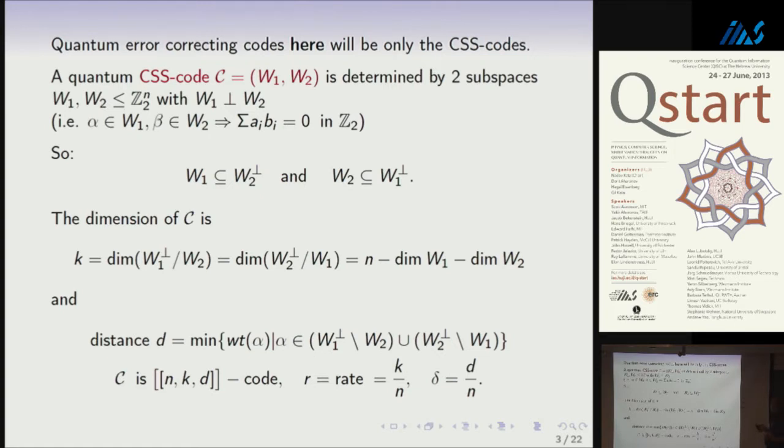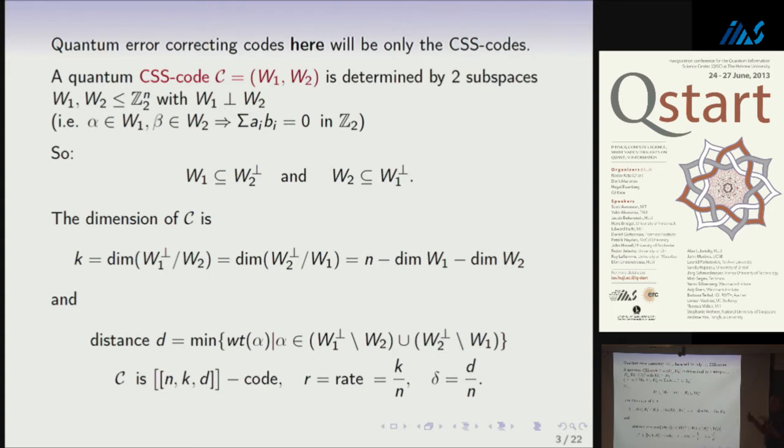And now I'm using not-so-standard notation, but it's slightly more convenient for us. So a quantum code for us will be a pair of two subspaces of Z_2^n which are orthogonal to each other.